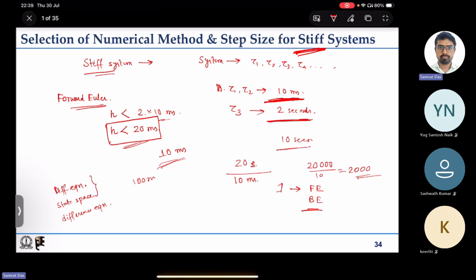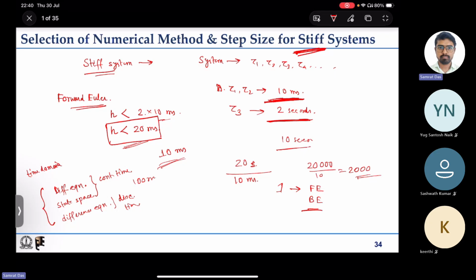So the first two are continuous time, and this is discrete time, but all three are time domain. First two being continuous time and the last one being discrete time.